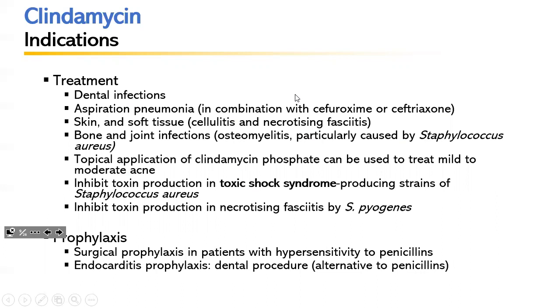Also, it could be used for treatment of aspiration pneumonia, especially for a patient who comes to the emergency after swallowing lots of water, like from drowning at a swimming pool or in the sea. Clindamycin would be a good option when combined with a beta-lactam, like cefuroxime. Also, it's a very effective medication to treat cellulitis and necrotizing fasciitis.